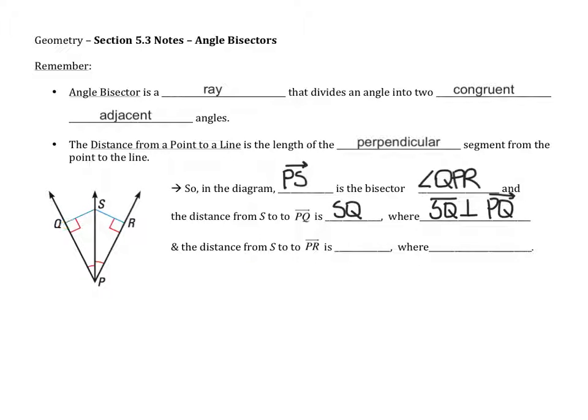And the distance from S to ray PR is the measure of SR, where segment SR is perpendicular to ray PR. So again, to find the distance from a point to a line, a ray, or another segment, it has to be the perpendicular distance.